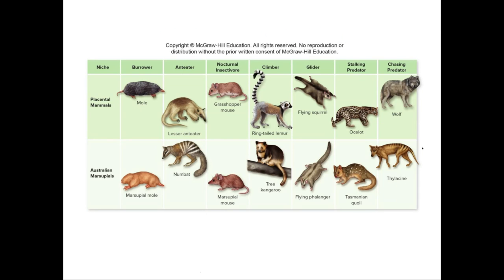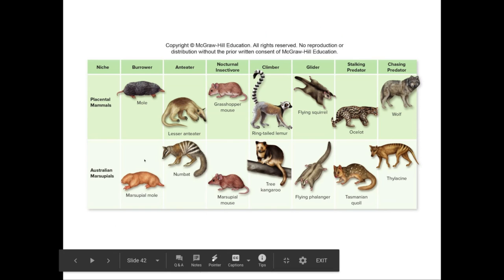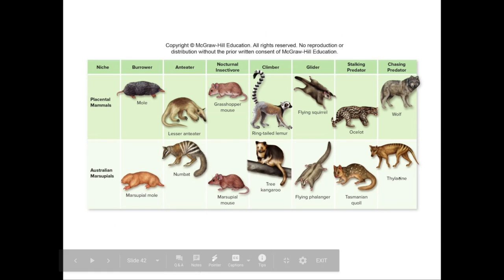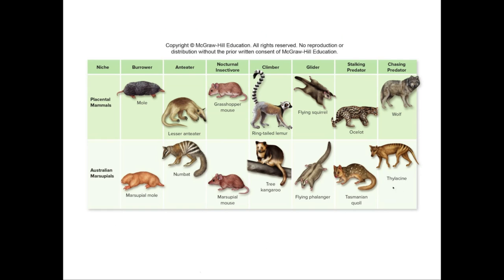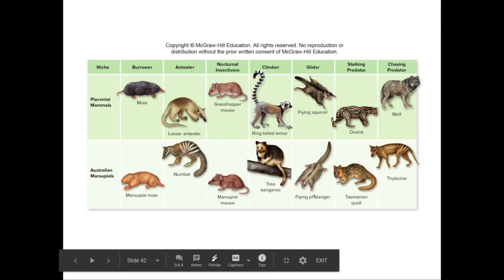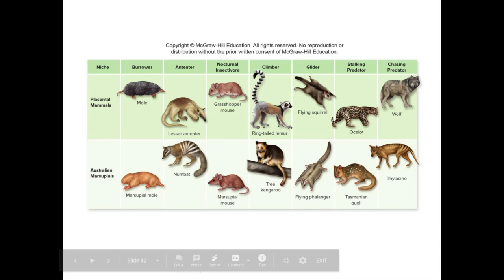And we can actually see this. So we can look at the marsupials in Australia, and we can look at placental mammals elsewhere, and you can see whether it's the thylacine, the flying phalanger, or the marsupial mole, there are similar, distinct but similar animals found in other places. Remember, Australia is an island way off all on its own. It's very isolated.